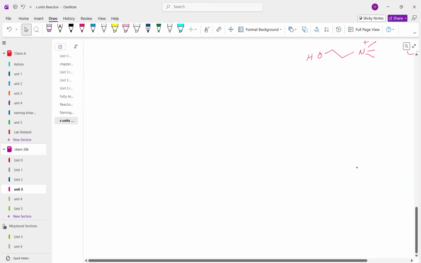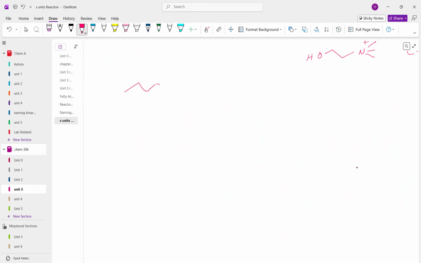Now, don't forget, review your Unit 2 stuff as well. There'll be a little bit of Unit 2 in there, on the reactions, like butanol plus propanol gives us a hemiacetal, for example.